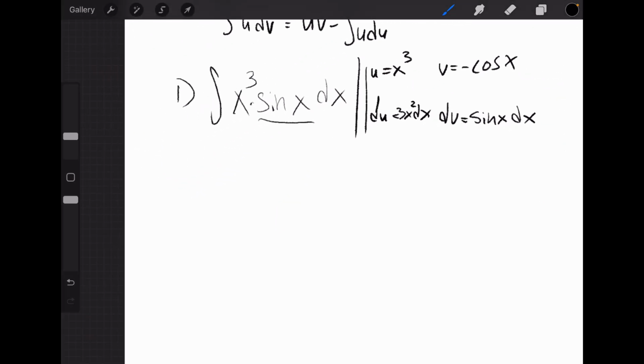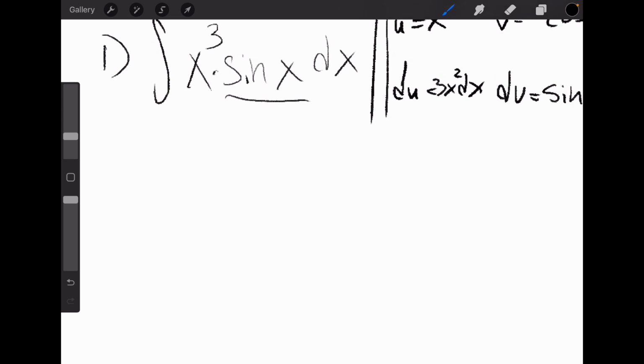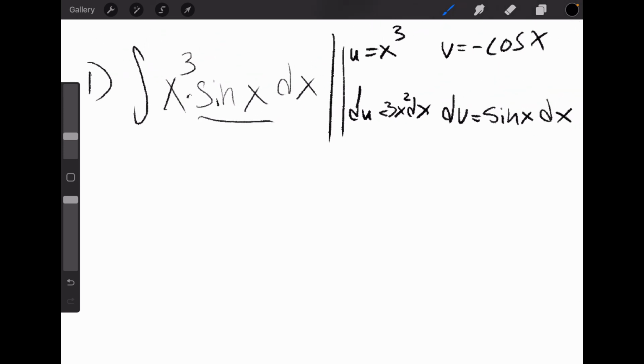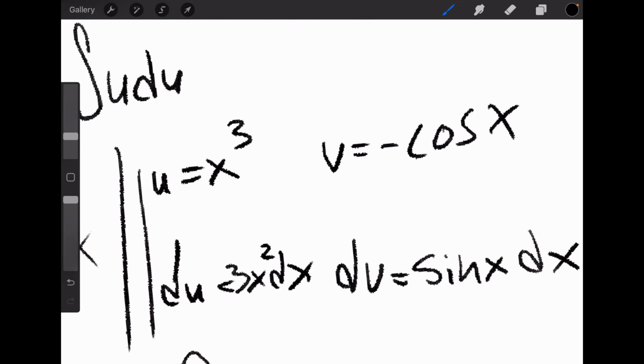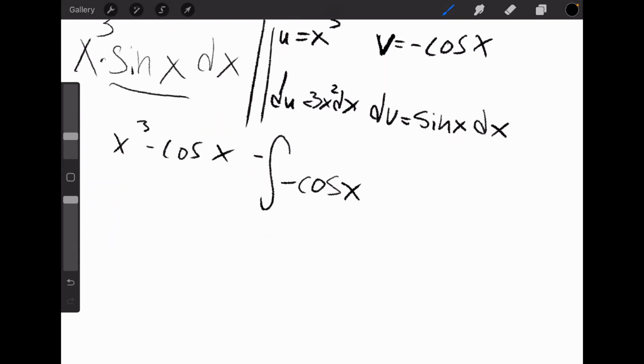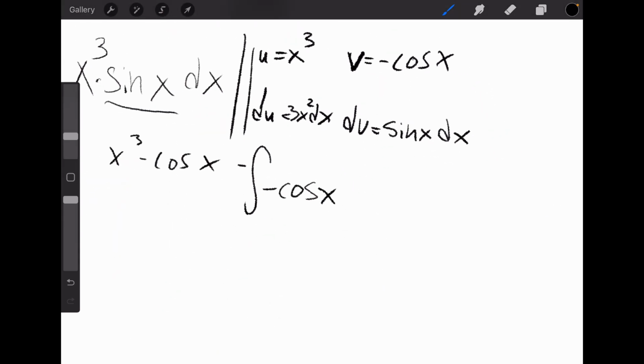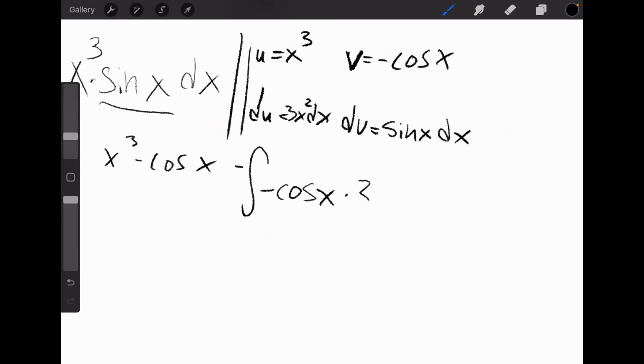So now we're just going to write it out. So we have u, which is x cubed, times negative cosine of x, minus the integral of v, negative cosine x, times du, so times 3x squared dx.